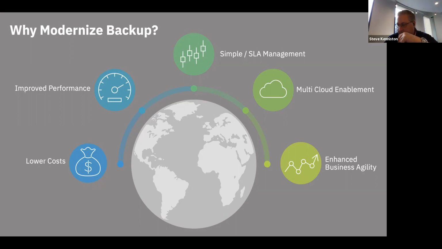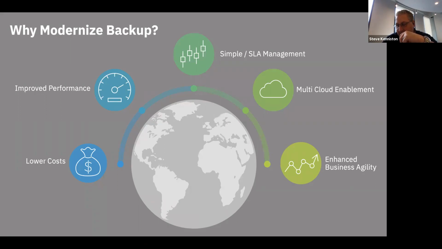If you lower your CapEx, you're going to lower your ongoing CapEx, because that's typically either buying a few more licenses or paying maintenance, and maintenance is usually a percentage of that original purchase price. You have improved performance, and that means not just getting data from point A to point B, but your RPOs and your RTOs.